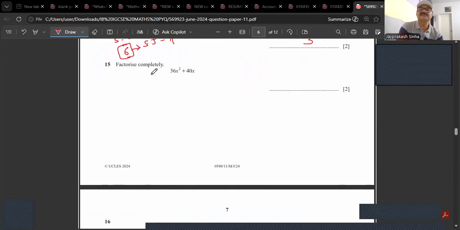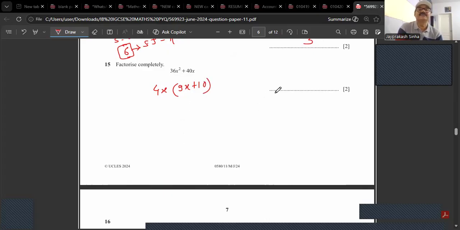Now this you have to factorize completely. So this is 36x square plus 40x. So what can we take common here? We can take 4 common because 36 and 40 both come in the table of 4. And x is also in both the terms. So we can take 4x common. So what is left now? 9x plus 10.